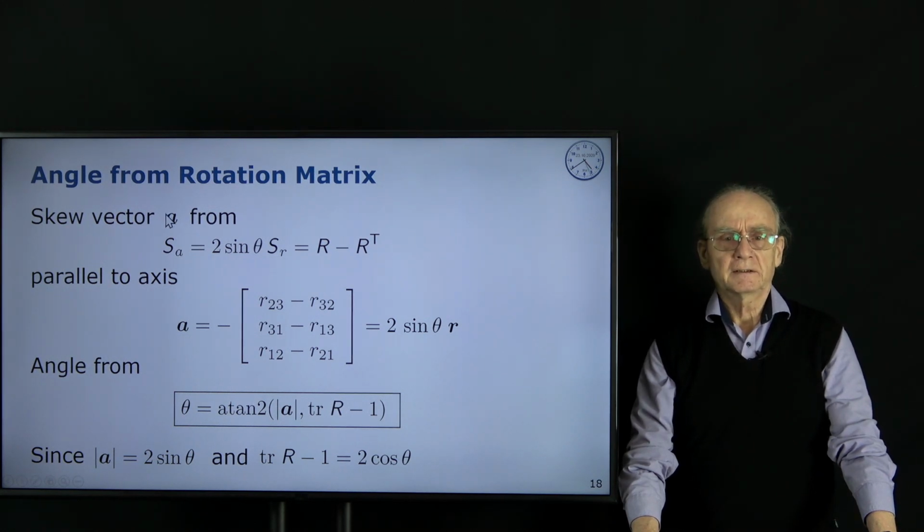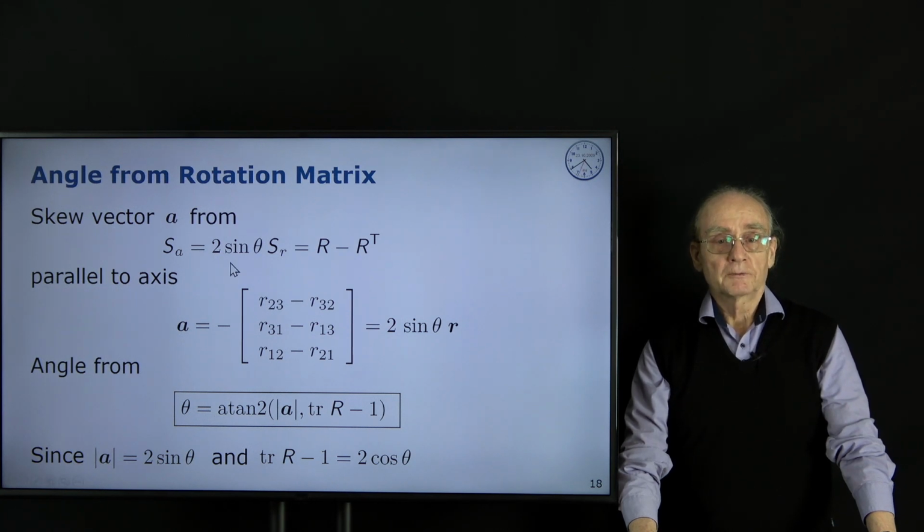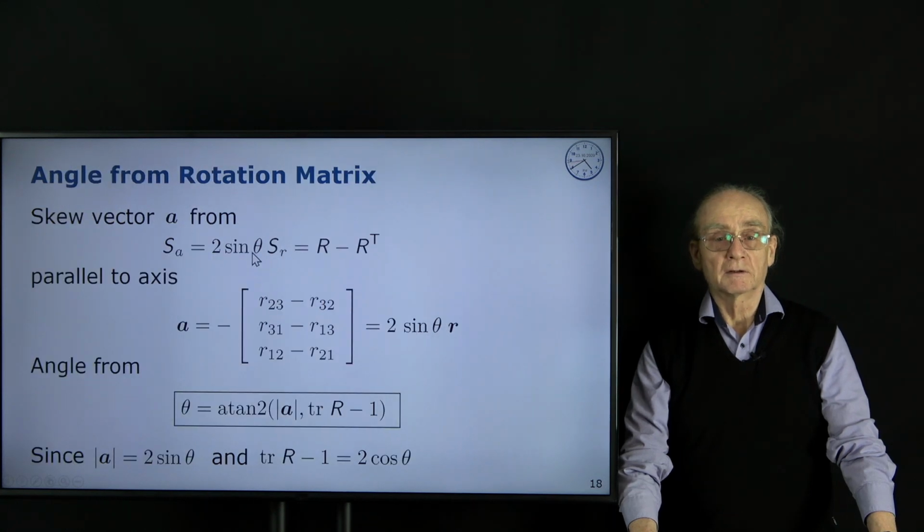This vector A is the same vector as we used in the proof for the Euler theorem, except for a factor 2. So if we write this down, we find out that the skew-symmetric part appears twice. So we have 2 sine theta multiplied with S_R.